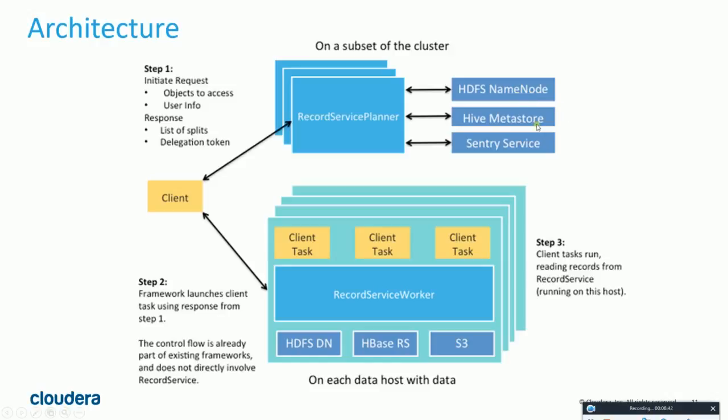The Hive Metastore service stores the metadata for Hive tables, or this could be Impala tables, and the partitions in a relational database. Sentry is, I believe, a remote procedure call service that stores the authorization metadata, also in a relational database, and then it provides interfaces to retrieve and manipulate privileges.